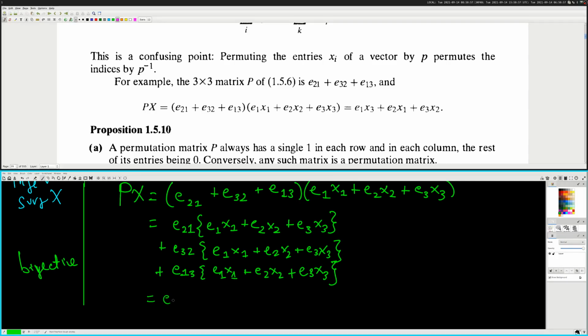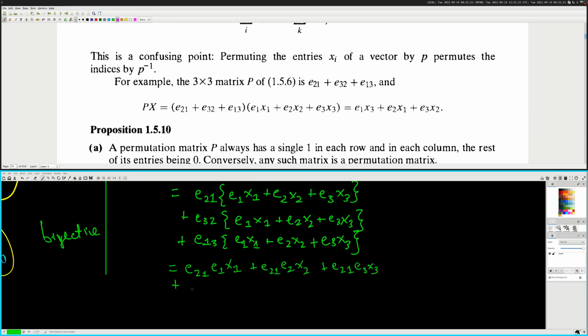Which is equal to e21 e1x1 plus e21 e2x2 plus e21 e3x3 plus e32 e1x1 plus e32 e2x2 plus e32 e3x3.